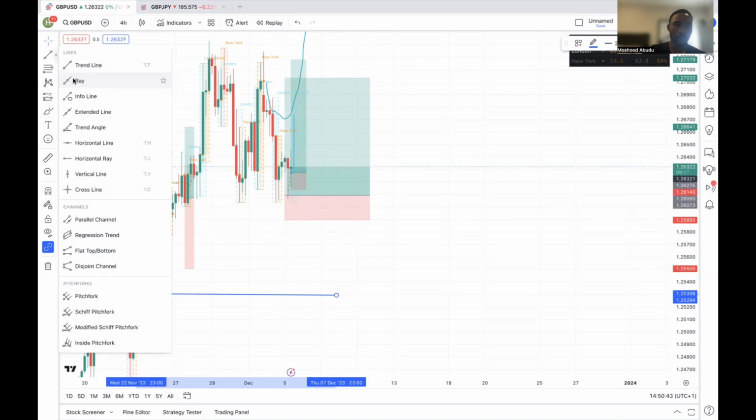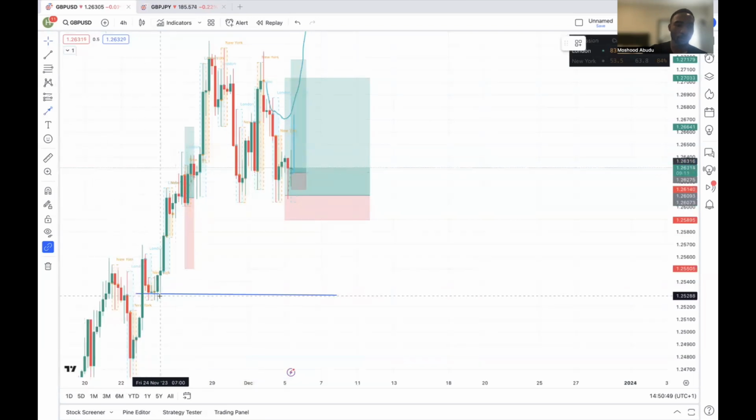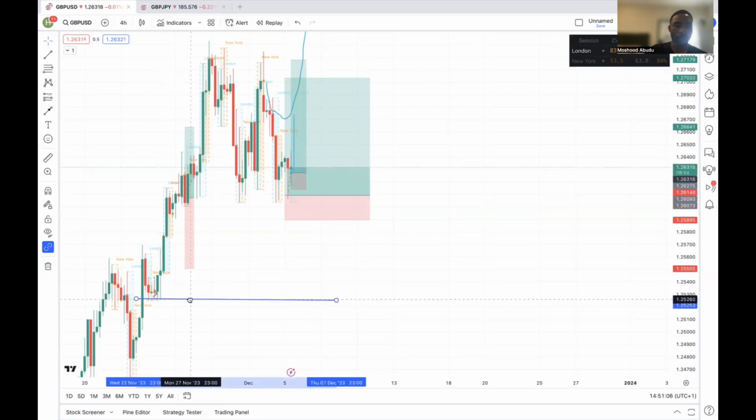Hold on guys. From here, the market moved to this area. Then we started consolidating. So I would say the previous higher low was this one that we have. So we have to put our line over here, because that's where we're going to start from.